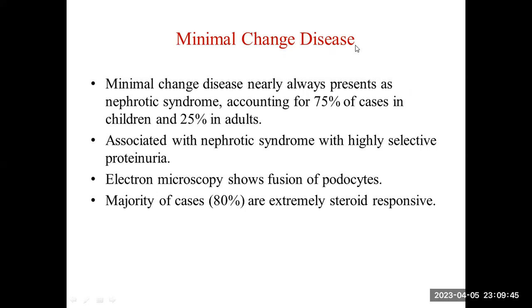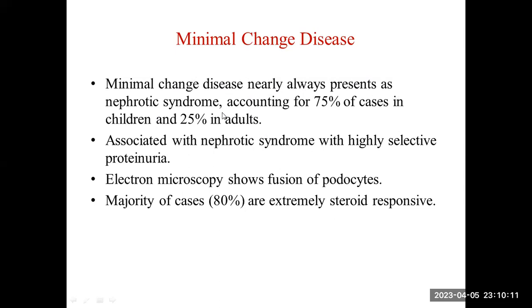Whenever we talk about a specific type of glomerulonephritis, we would like to know first if there are any associated secondary causes, and then what type of clinical manifestations can develop in that specific type of glomerulonephritis. And then we would like to talk about the renal biopsy findings, and finally, how to manage the condition.